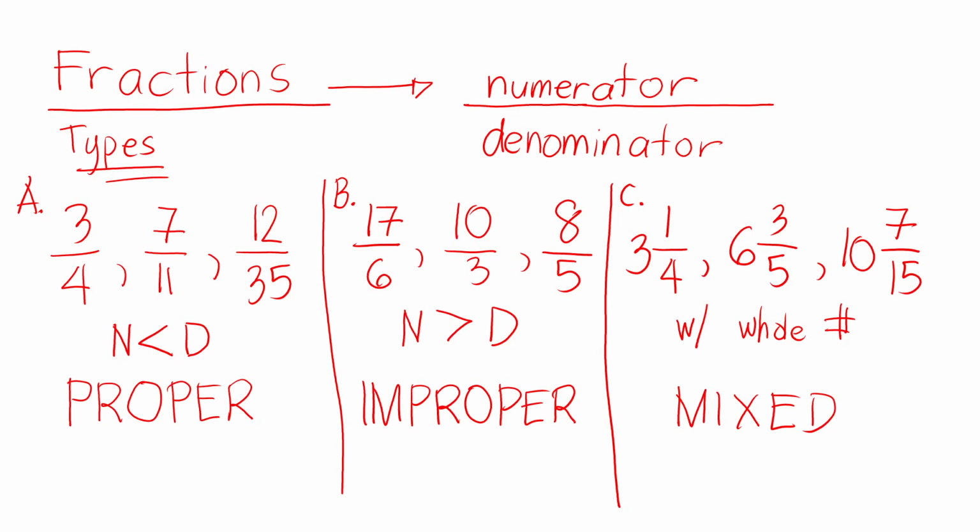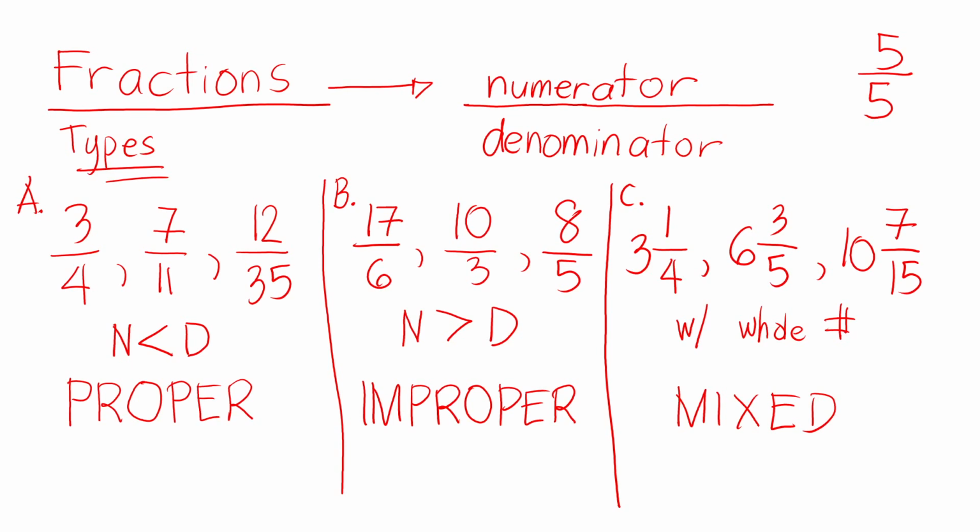Now, I'm going to give you a fraction like 5 over 5. Where will I put 5 over 5: proper, improper, or mixed? Some will say proper, some improper, some mixed. What is the classification of 5 over 5?